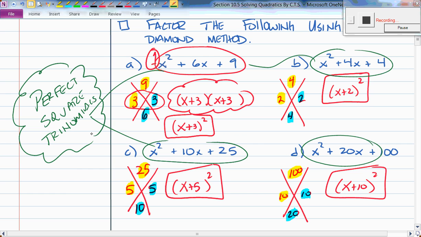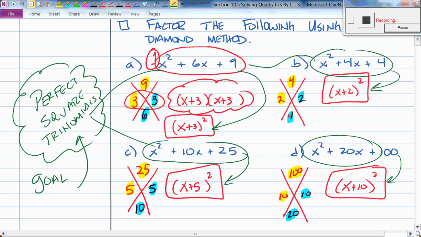The reason that we love these things is because it takes a quadratic, x squared plus 6x plus 9, and it simplifies it to an x plus 3 squared. When you factor it down, it makes it much easier to work with. All right? This is the first step in learning about how to solve using completing the square. The goal will always be to create these things, perfect square trinomials. Okay?